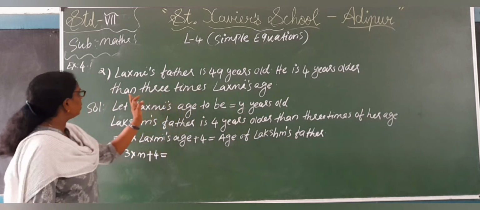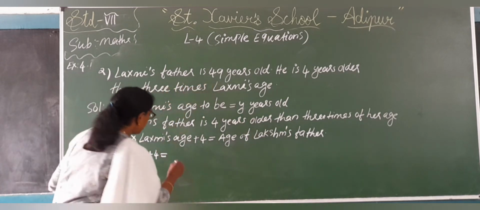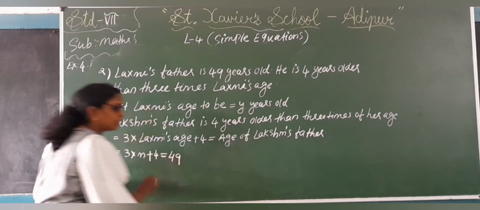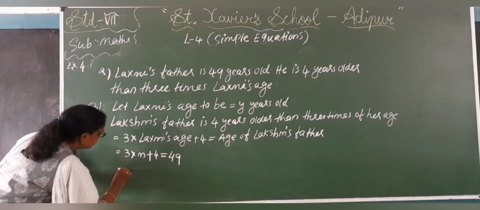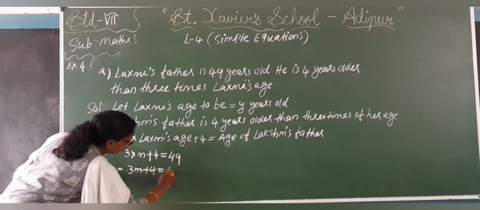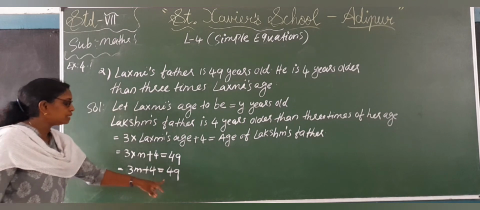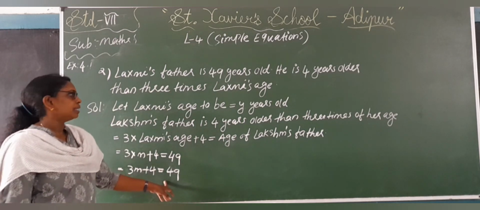The age of Lakshmi's father is 49. So 3m plus 4 is equal to 49.